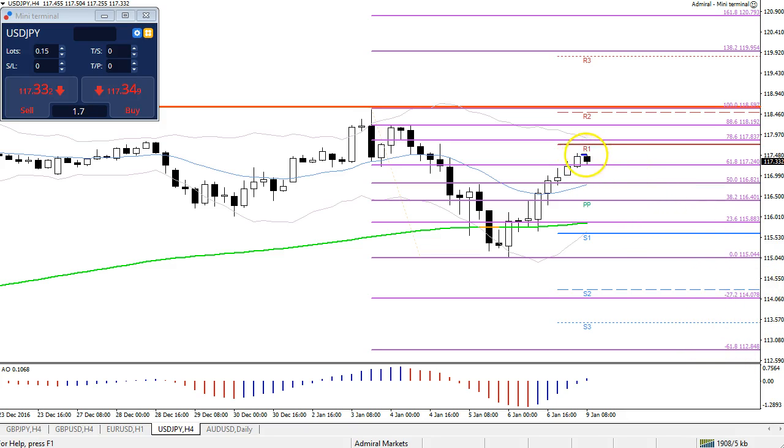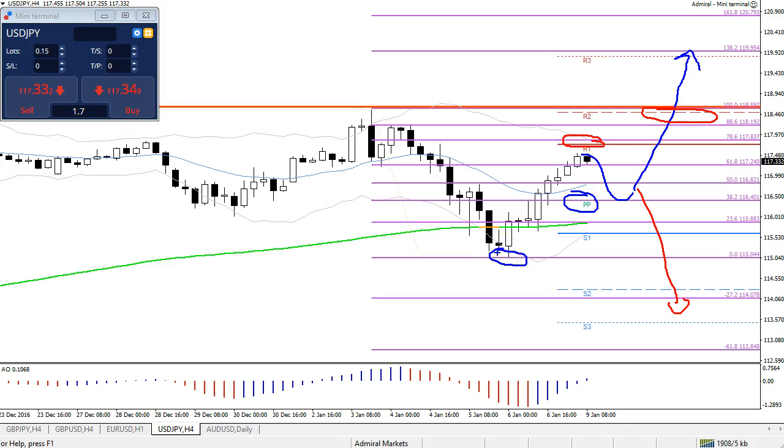If that does not happen and price goes down and bounces at the pivot point, I'll be looking at, of course, candlesticks and price action to see how price responds to those key levels to dissect what is more likely, the move up like this or the move down like this. That also depends not only on the reaction of price at the R1 and 78.6 fib, but also the reaction of price at the pivot point right here, and the reaction of price at the previous top and the previous bottom.